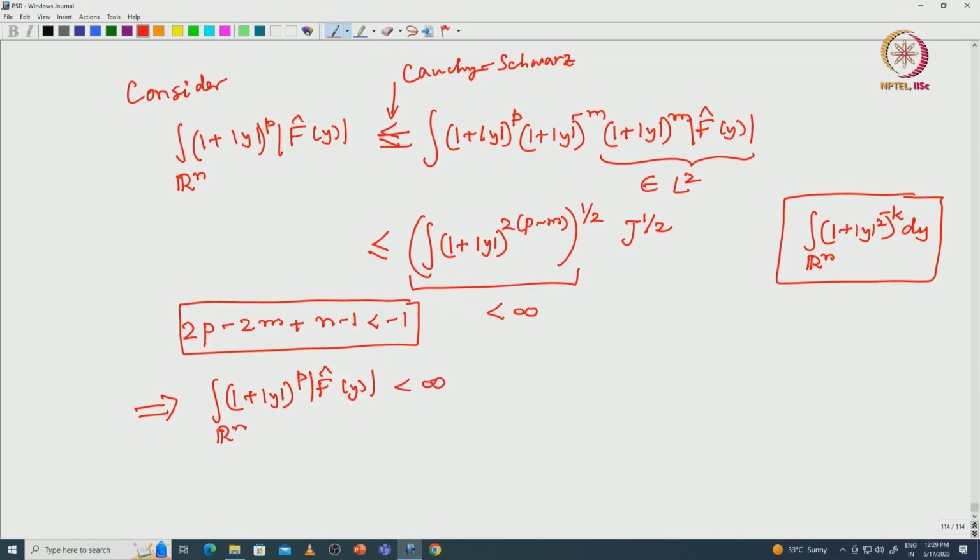Since p is bigger than or equal to 0, in particular we have f cap is in L1. Just see this analysis, very clever analysis.